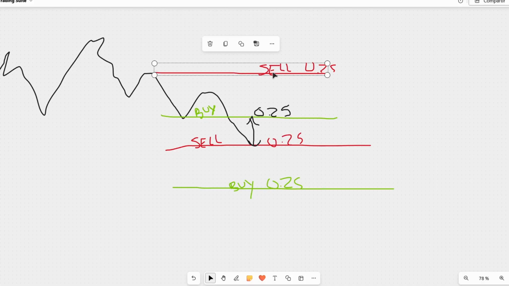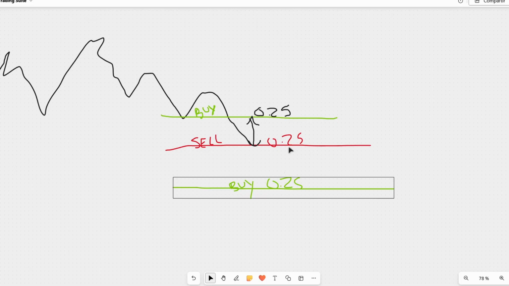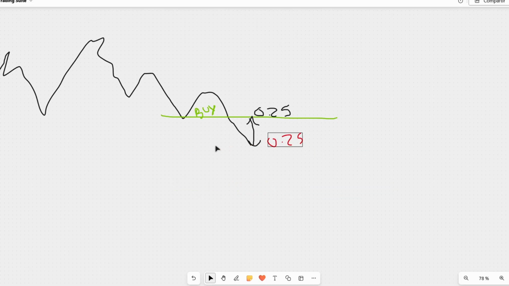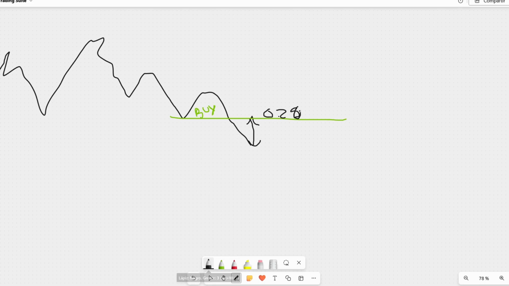Let's delete this. And now this buy trade doesn't even exist. This sell trade doesn't even exist. And this buy is now of 0.20. Remember, price was over here. So we're remaining of 0.20 lots now.